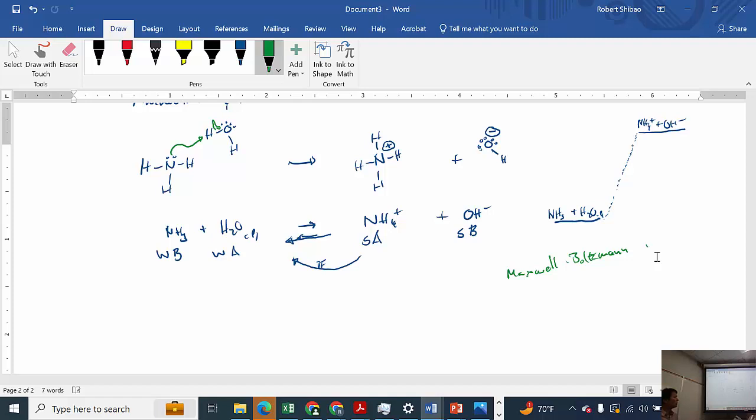The Maxwell-Boltzmann distribution is important here because it tells us that at 25 degrees C, not everybody's the same. So if ammonia is at 25 degrees C, this is aqueous ammonia, and we have a whole bunch of ammonia molecules in water, do they all behave identically?